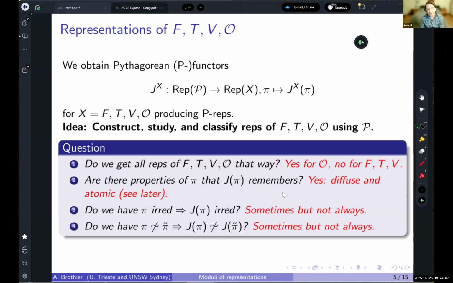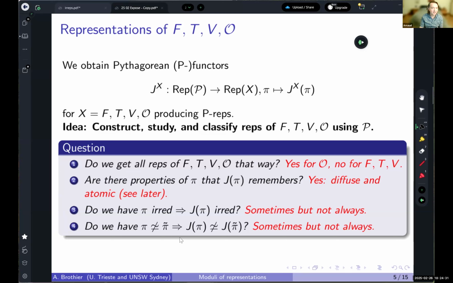So if you start with something irreducible, do you get something irreducible? Well, we're going to see, but not always. Okay, so it shows the subtlety of the question also. And can you classify them? Like if they are different at the beginning, are they different at the end? Well, again, sometimes it works, sometimes it does not.